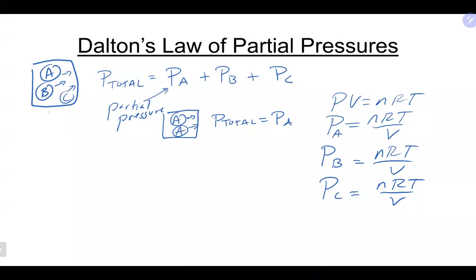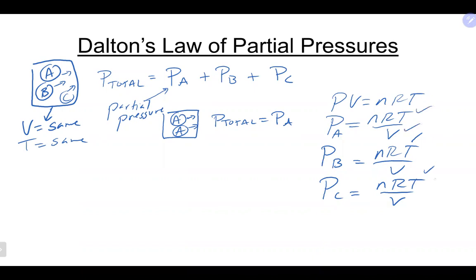One good thing is the volume of this container is the same for every gas that's in there because they're all flying around in the same place, basically. And there's a very good chance that that container is sitting in the same room. That means the temperature is going to be the same for all the gases.